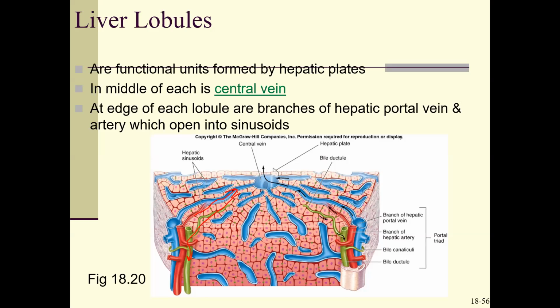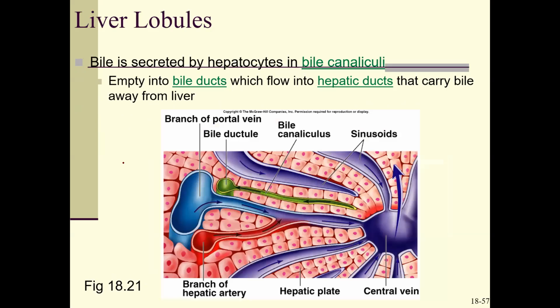Blood is flowing toward the hepatocytes. Very important to remember that. And this essentially shows you the flow of those materials. Artery, vein, yes, arterial and venous blood mix, but that's for the sake of the hepatocytes.